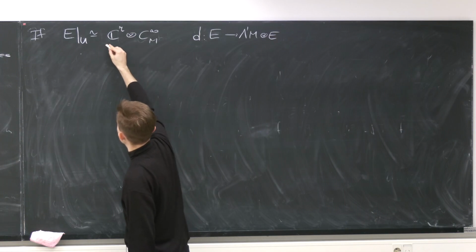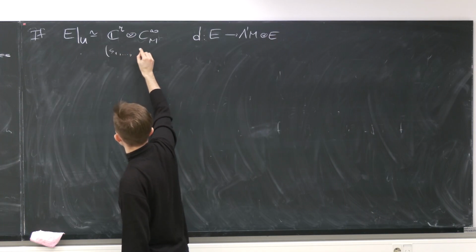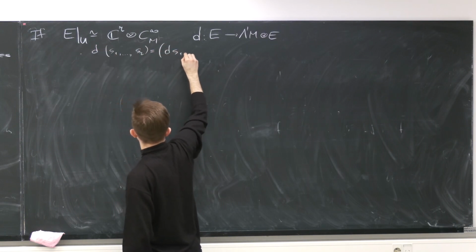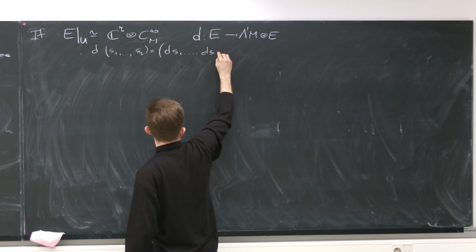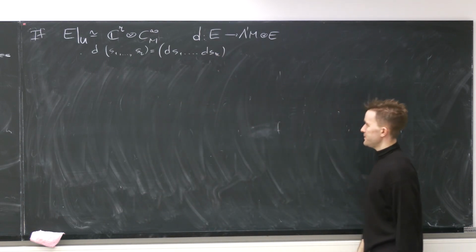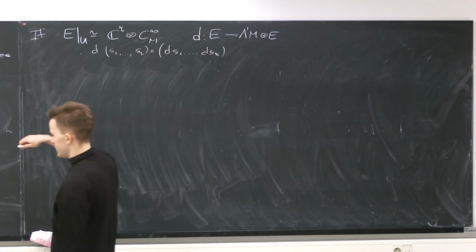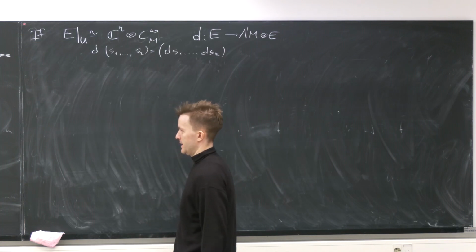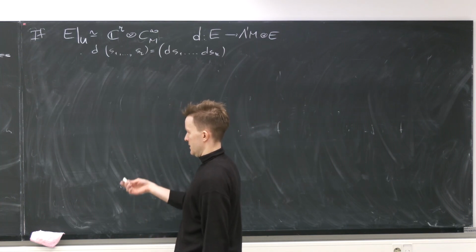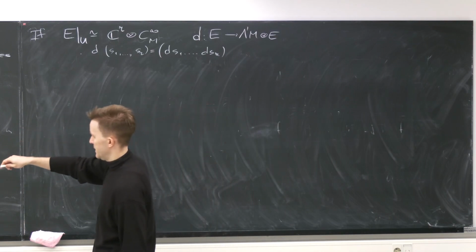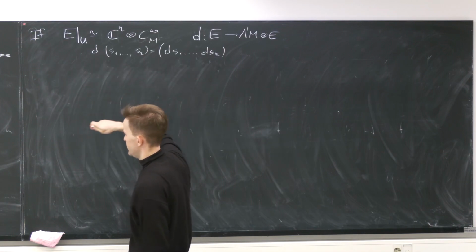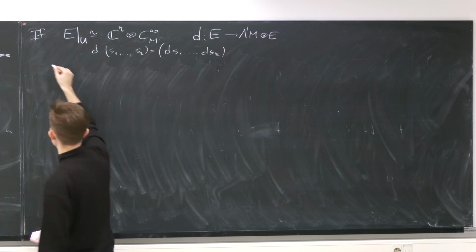So here a section is given by r coordinates, s_1 and so on, s_r. And then d of this thing is just the collection of r one forms. So this d is a connection, because the Leibniz rule is satisfied, obviously. And then the conclusion is that any connection, if I now restrict this nabla to U, will differ from the differential by an endomorphism valued one form.